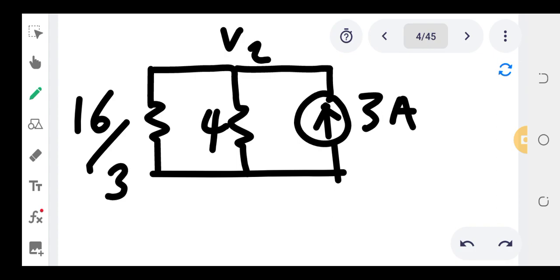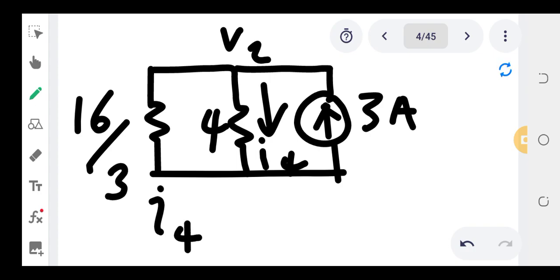So in this case, to come up with this voltage source V2, we need to come up with a current that is flowing through the 4 ohms resistor. So this is I4. I'll say I4 using the current divider rule.